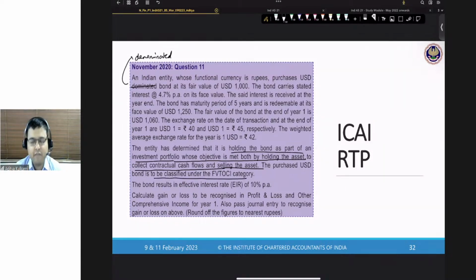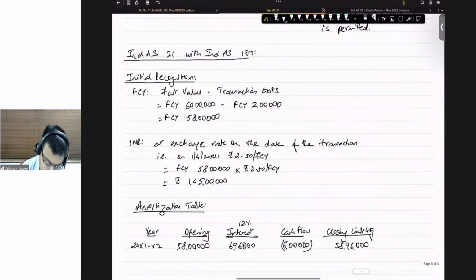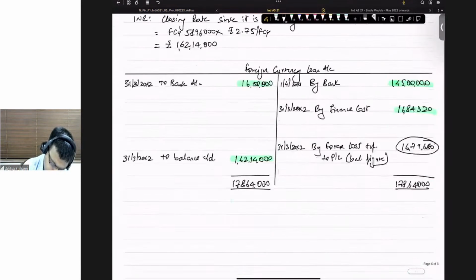Even if they did not give this last sentence, you should be able to understand that it is FVTOCI. The bond results in an effective interest rate of 10% per annum. Calculate the gain or loss to be recognized in the P&L as well as other comprehensive income and pass the journal entries for the above. Round off the figures to the nearest rupees. Okay, fine, so let us pick up this question quickly.